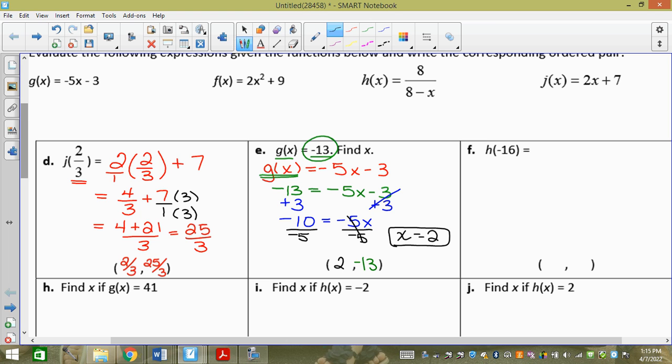We did this in polynomials, right? We've already done this in polynomials. H of negative 16. Try out f for me.